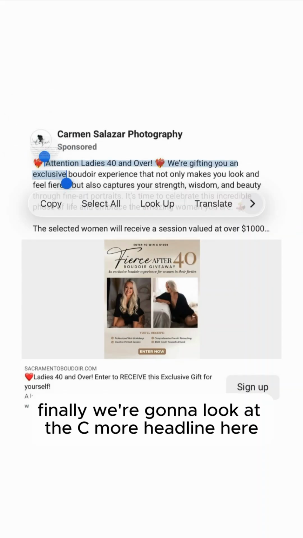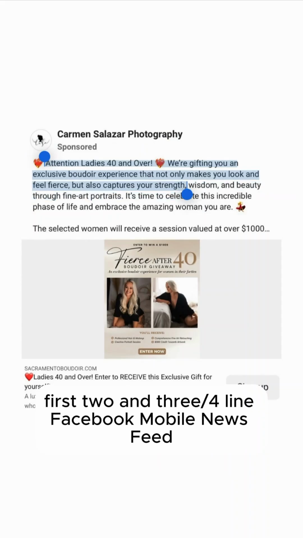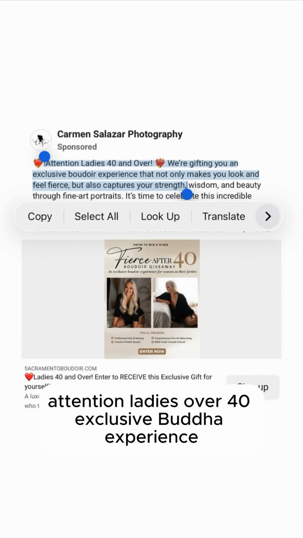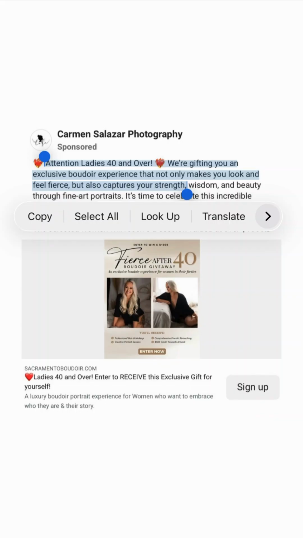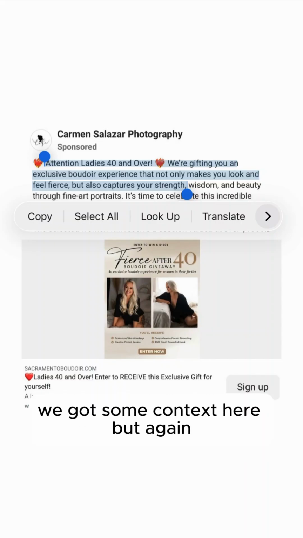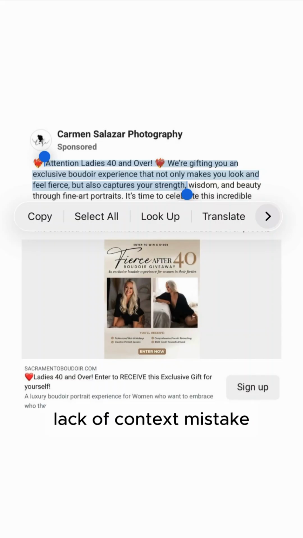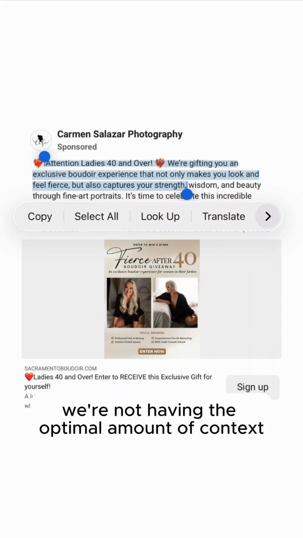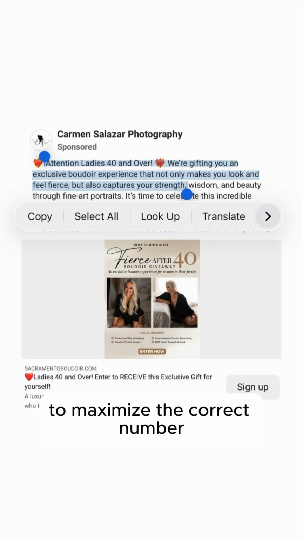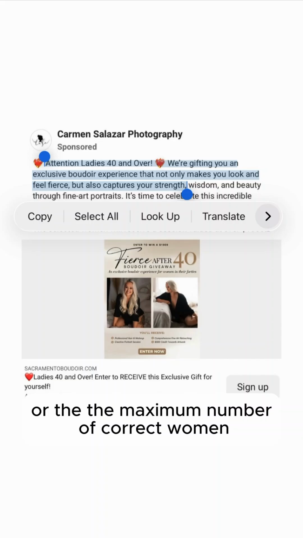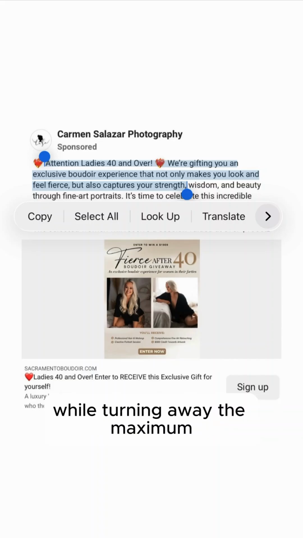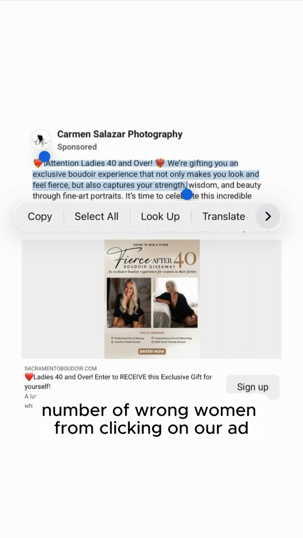Finally, we're going to look at the see more headline here, first 2 3/4 line, Facebook mobile newsfeed. Attention ladies over 40, exclusive boudoir experience. Okay. All right, so yeah, we got some context here, but again, lack of context mistake. We're not having the optimal amount of context to maximize the number of correct women while turning away the maximum number of wrong women from clicking on our ad.